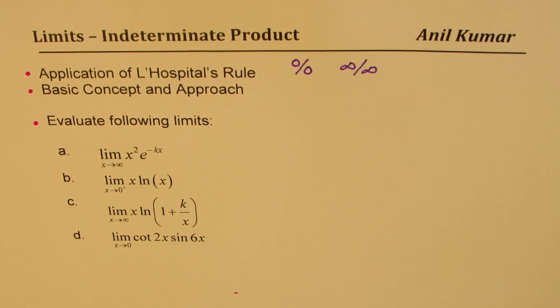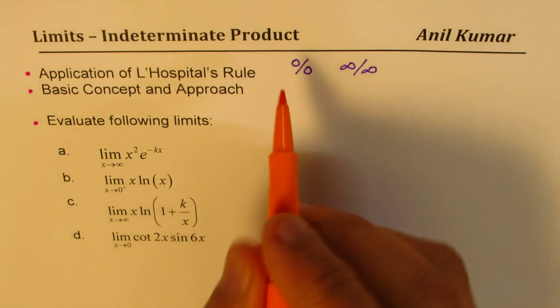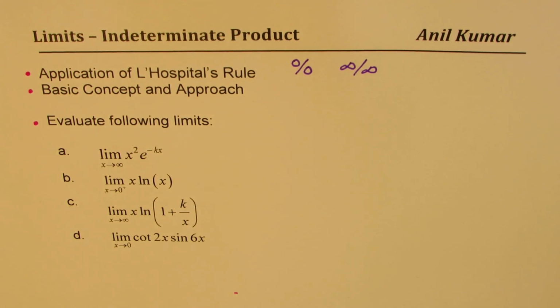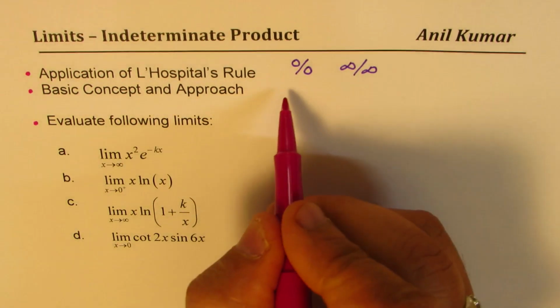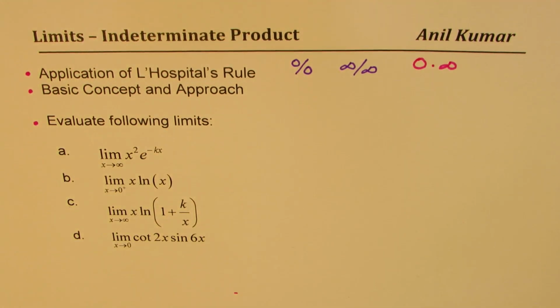another important indeterminate, which is products. When I say products, we'll talk about something which is 0 times infinity or infinity times 0. Now what do I mean?